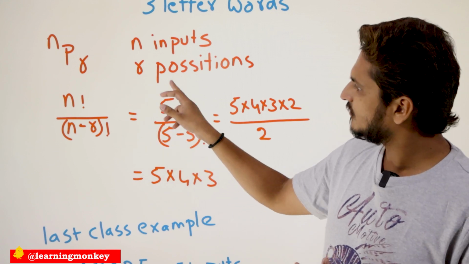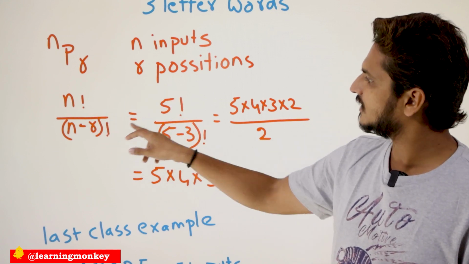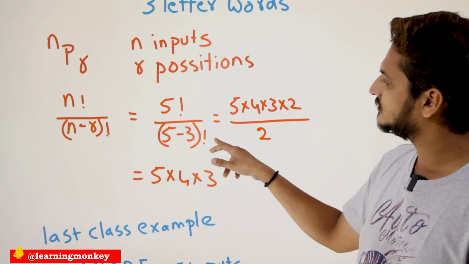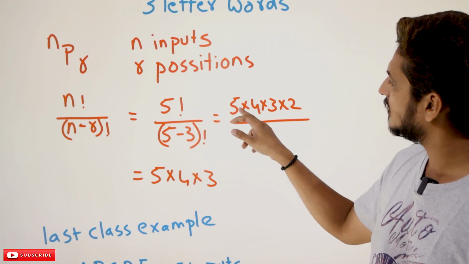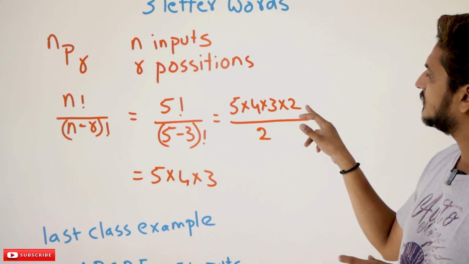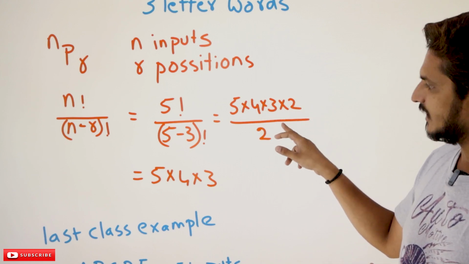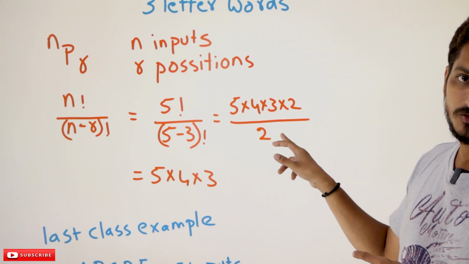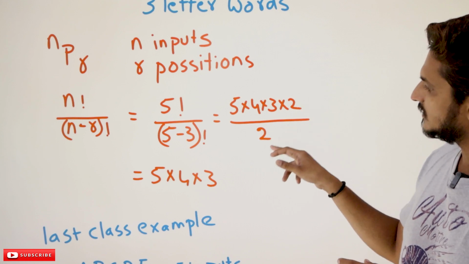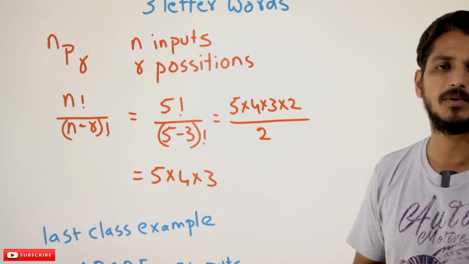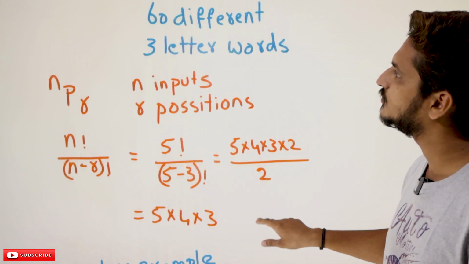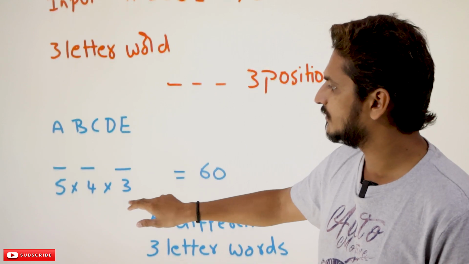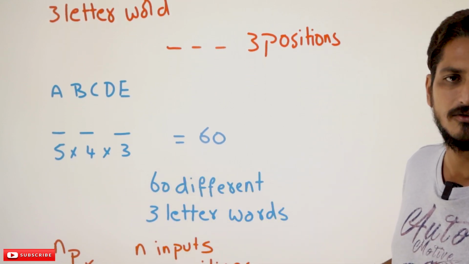So in our example, n is 5, r is 3. 5 factorial by (5 minus 3) factorial. 5 minus 3 means 2 factorial. 5 factorial means 5 multiplied by 4 multiplied by 3 multiplied by 2, divided by 2 factorial, which means 2. The 2 cancels. You are left with 5 multiplied by 4 multiplied by 3. That is the same output which we got here: 5 multiplied by 4 multiplied by 3, which is 60.